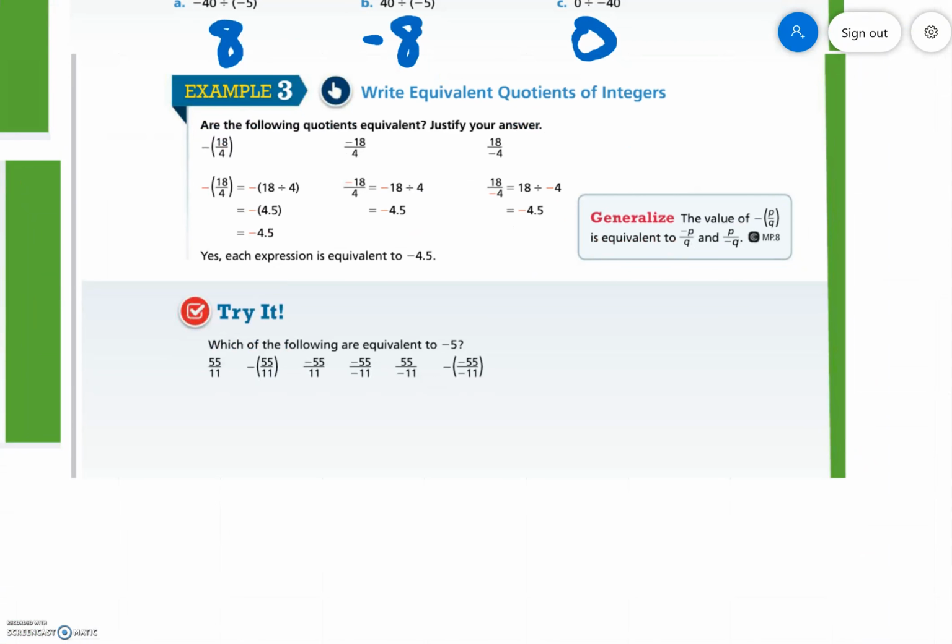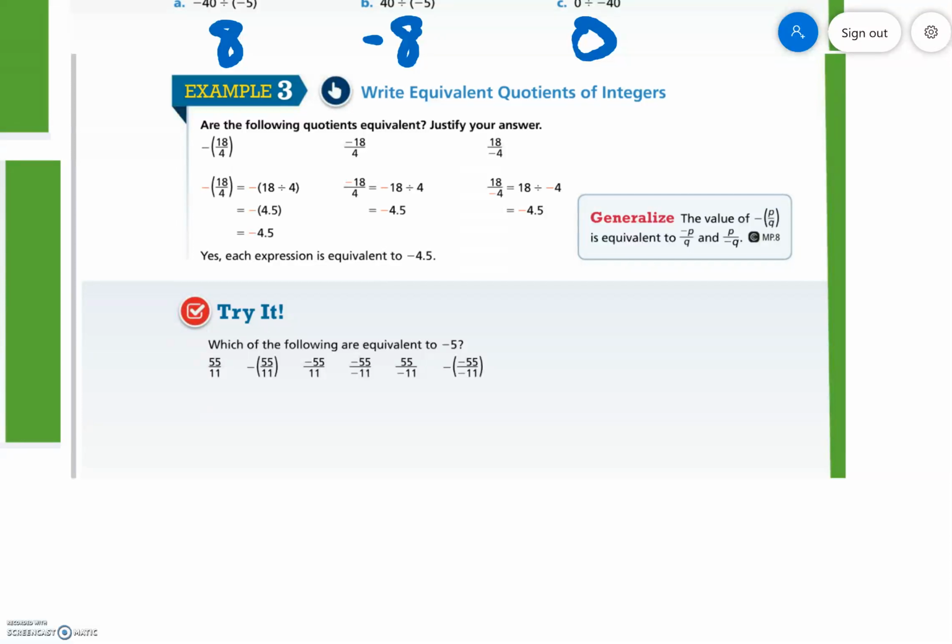Write equivalent quotients of integers. Are the following quotients equivalent? Justify your answer. Well, remember I talked about this in the last lesson. When we have a negative fraction, either the numerator or the denominator is negative, not both. So it says, try it. Which of the following are equivalent to negative 5?